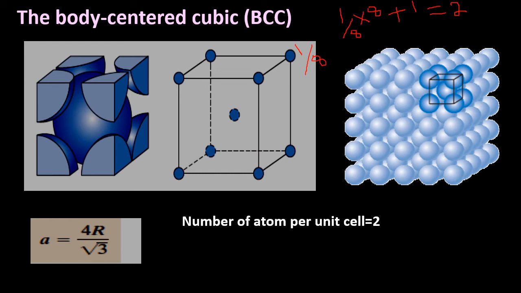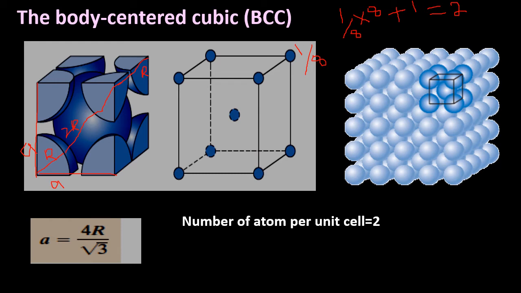Here you can see that this one is the edge length, which is equal to A, this is another edge length equal to A, and this one is equal to A. This is the atom which has the radius R, and it contributes only its R, and this one is equal to 2R. And then another important thing about this body-centered cubic is that this one has the radius R.